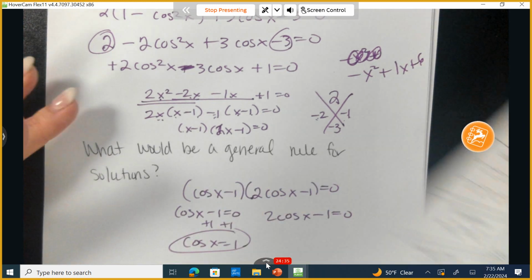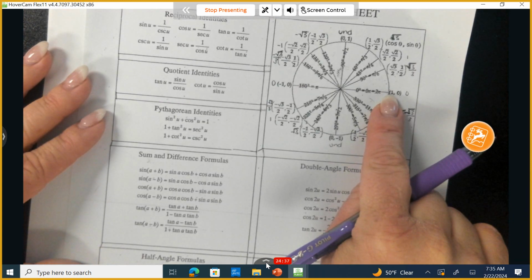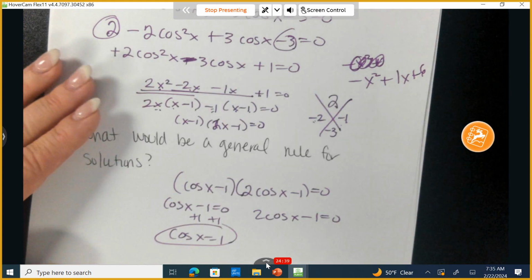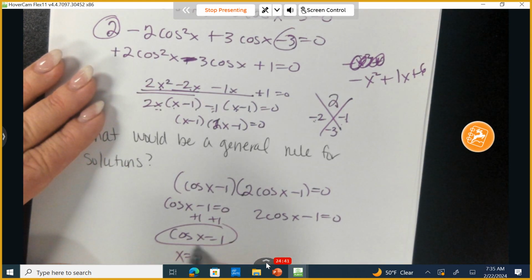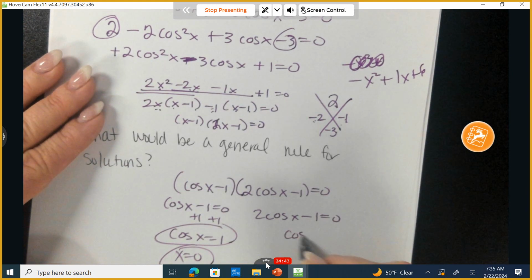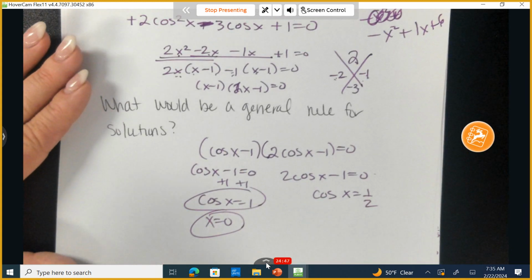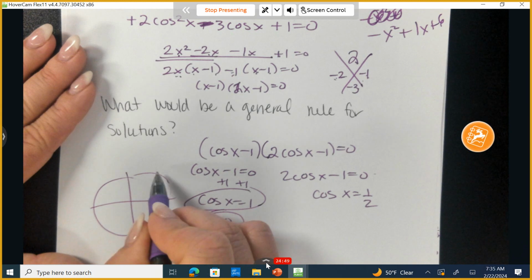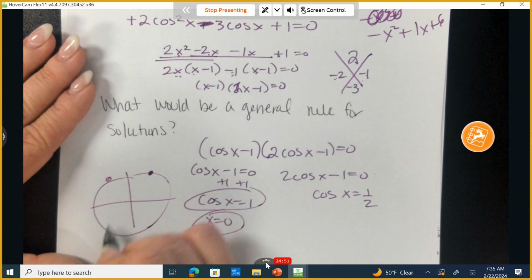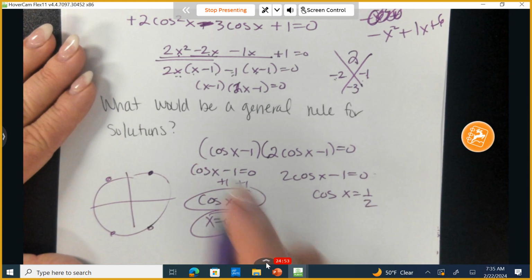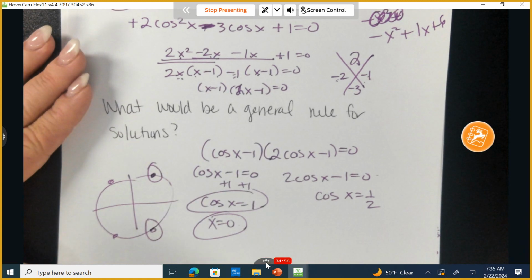Where is the cosine equal to positive 1? Cosine is equal to positive 1 at 0. I'm going to add 1 and divide by 2. Where is the cosine equal to 1/2? Right here, right here, right here, and right here. But where is it a positive 1/2? At these two locations.